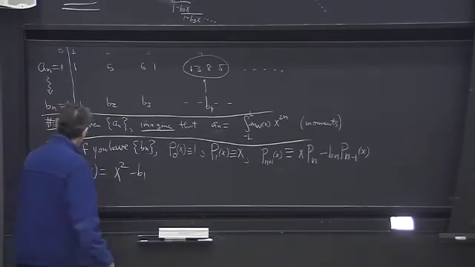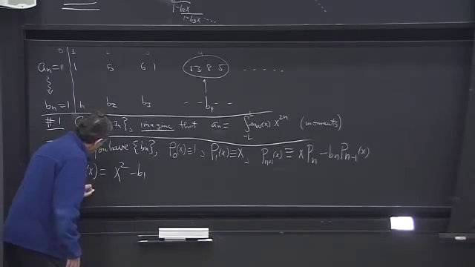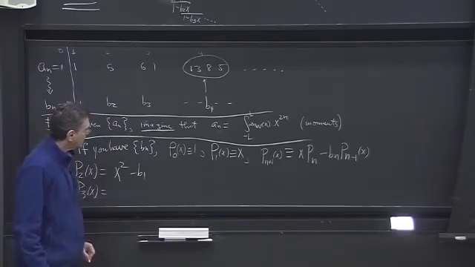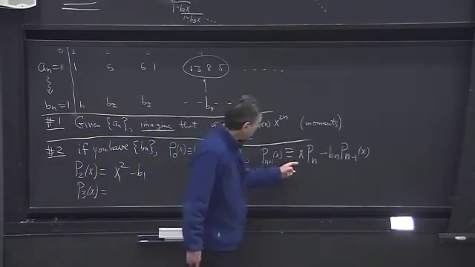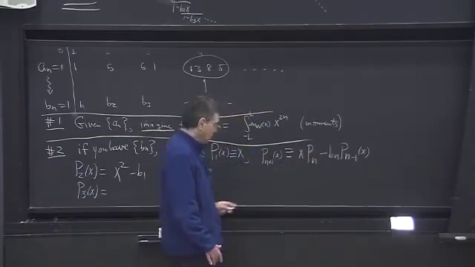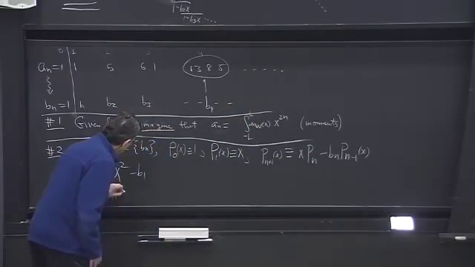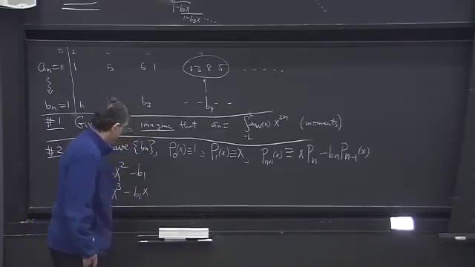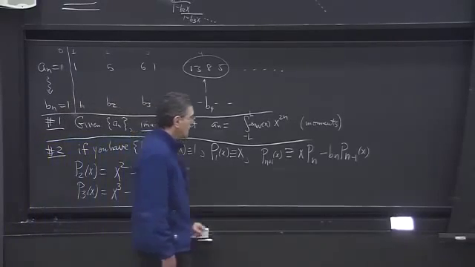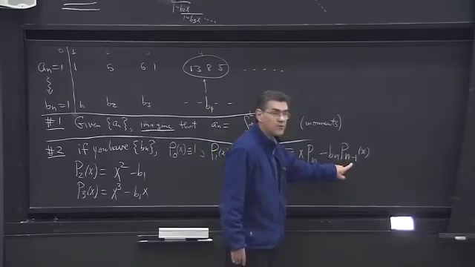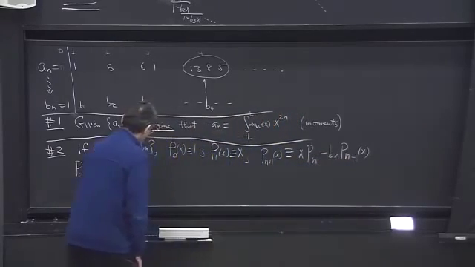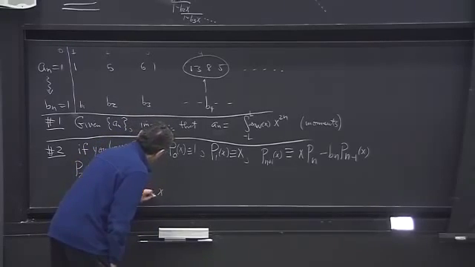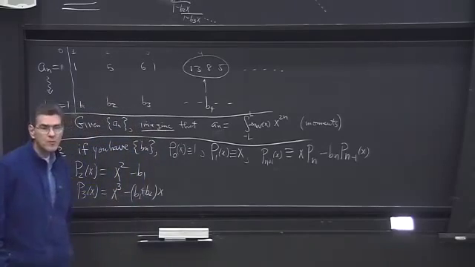If we wanted the third polynomial, P3, the formula says take x times the second polynomial, which would give you x cubed minus b1x, and then minus b2 times the first polynomial, so it would be minus b2 times x, and there's the polynomial.